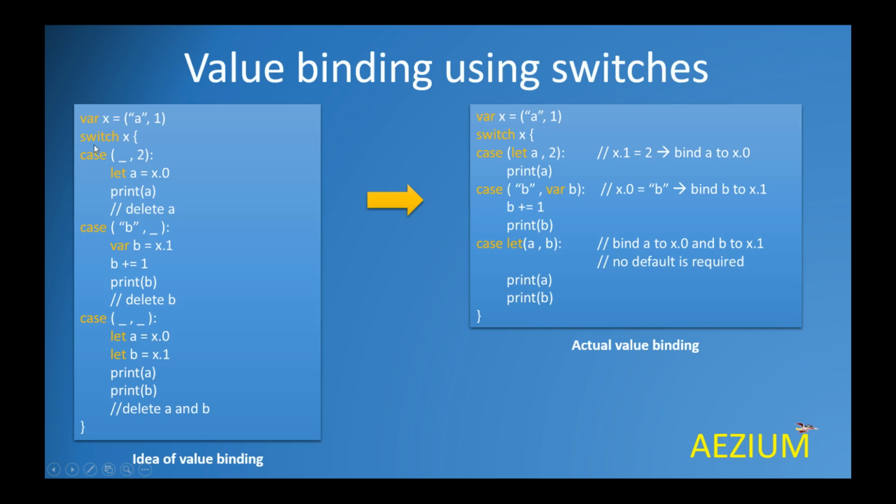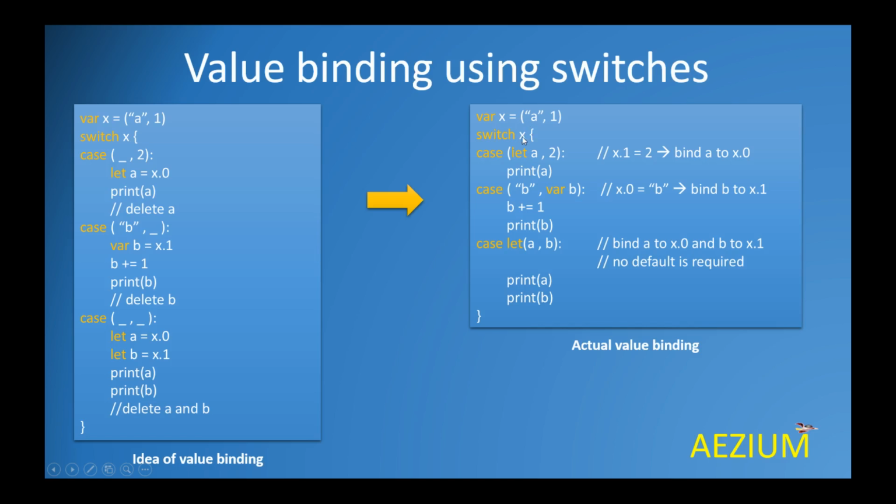So switch x remains as it is, but a declaration of a and assigning the value of x dot node, which is the first element of x, to a is shown by moving let a within the tuple's parentheses and placing it in the position corresponding to the element of x that we want to use in the assignment process.